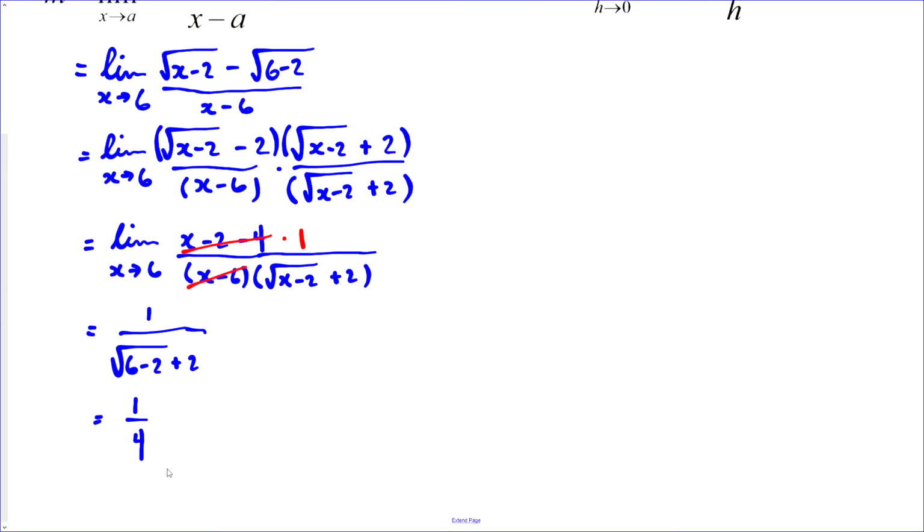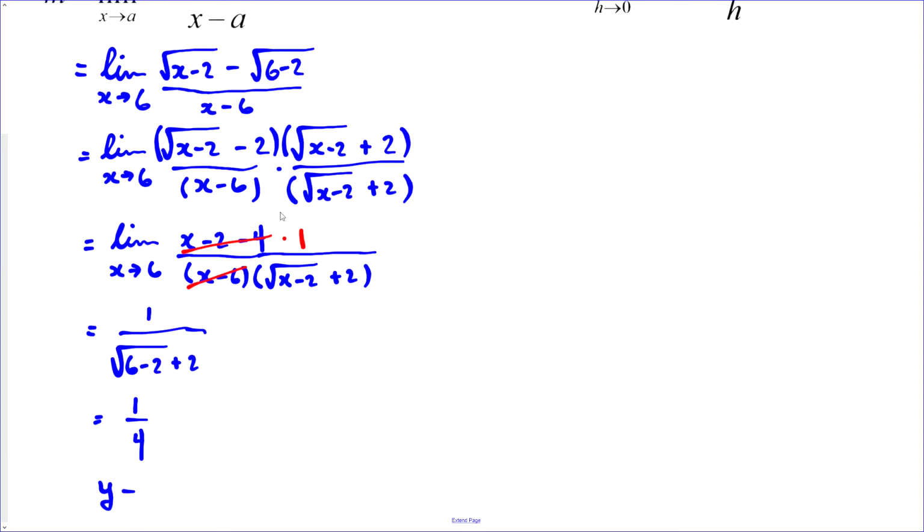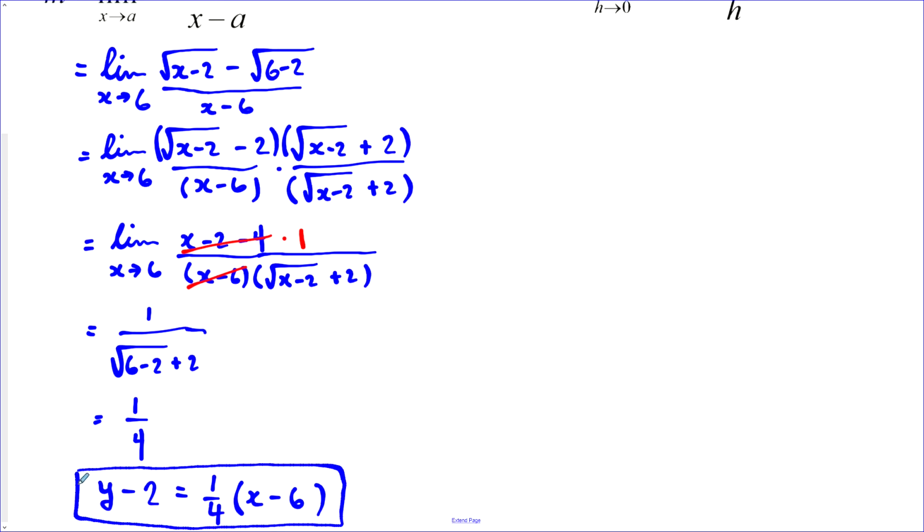Now, the equation we could do as y minus, and we use this point here, so that would be 2, and then 1/4, and x minus 6. So there is the equation of the tangent line.